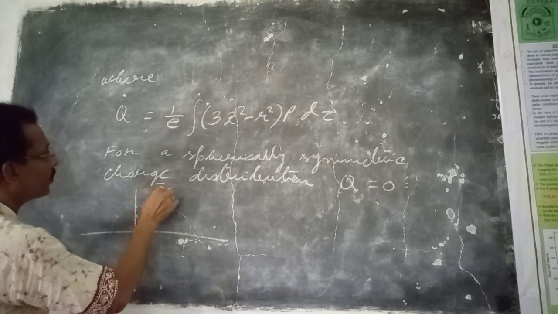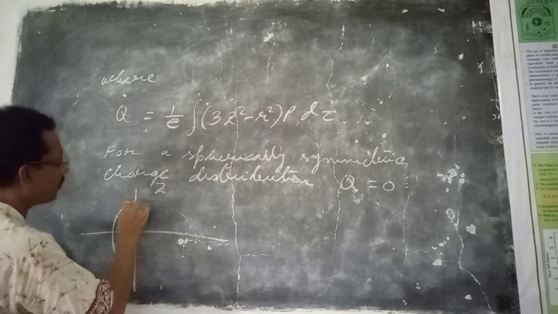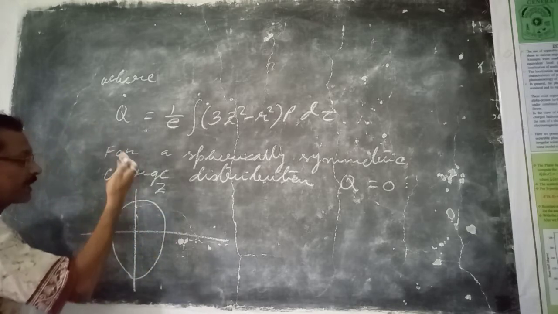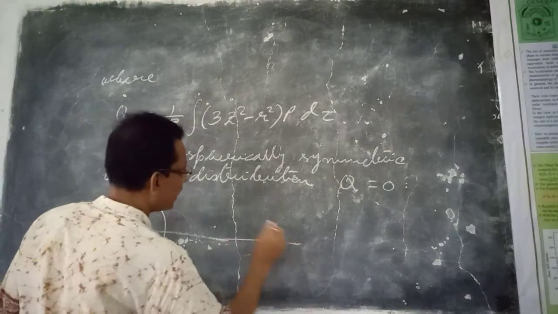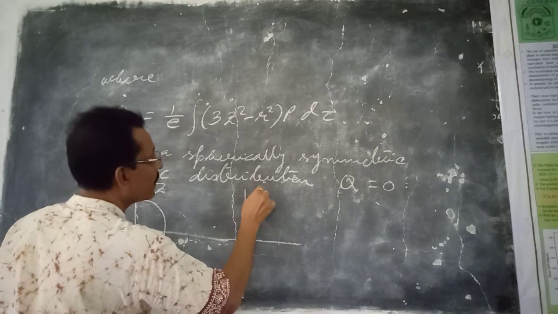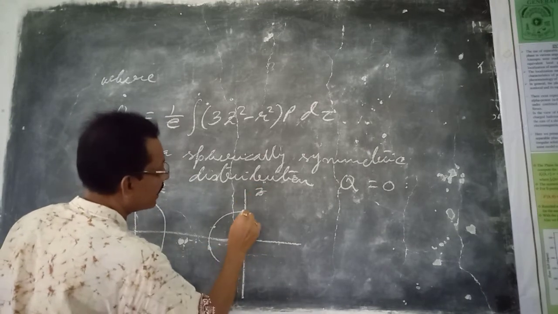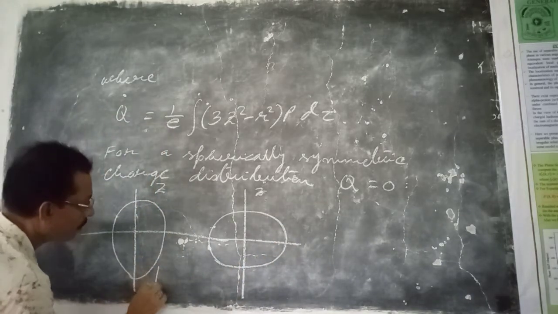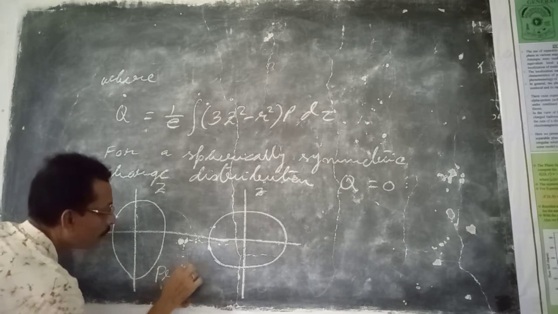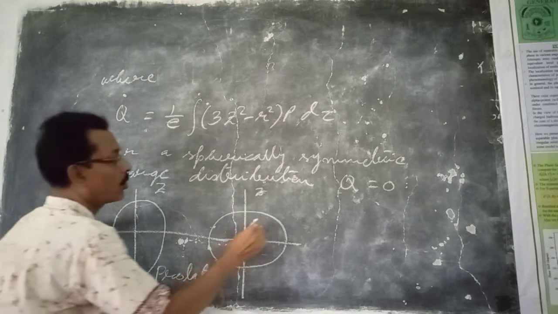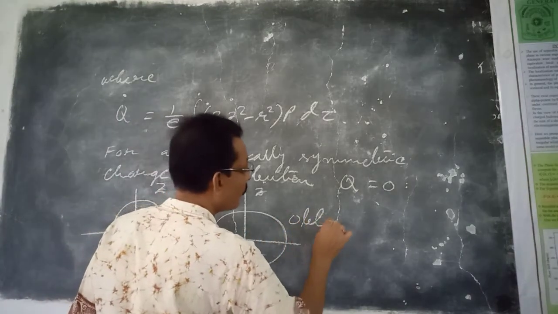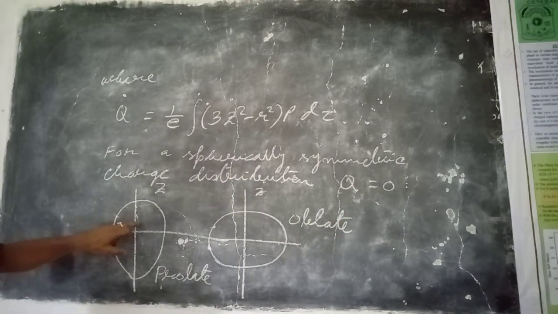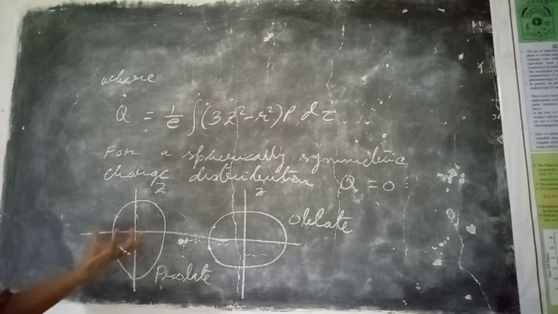which is called the prolate distribution, instead of a sphere, if it is an ellipsoid of revolution as traced along the z-axis, or say it is like this, oblate distribution or prolate. For a prolate distribution, z is larger than x and y.